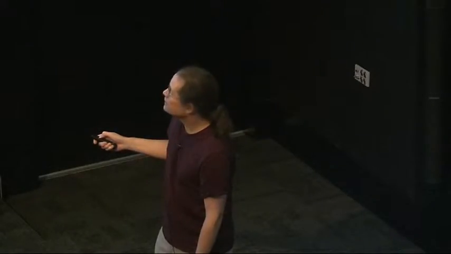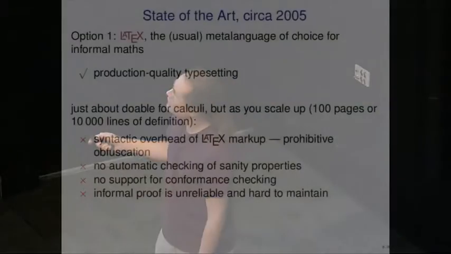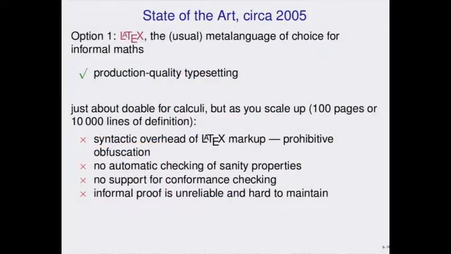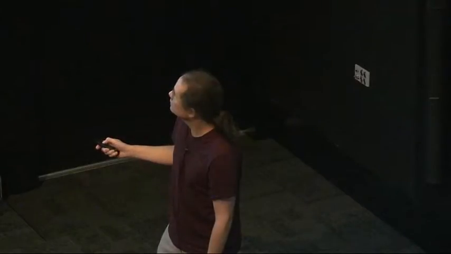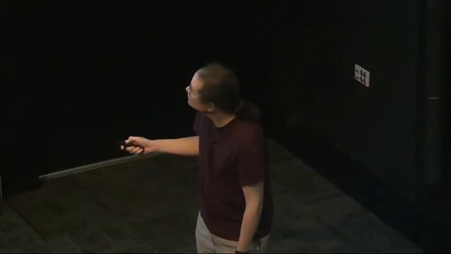But then you just get this overhead of that markup. I mean, really, it's just disgusting. And the lack of any kind of checking of any even basic sanity properties is just ridiculous. Not having any support for checking conformance between your spec and your implementations, ridiculous. And informal proof, hopeless.